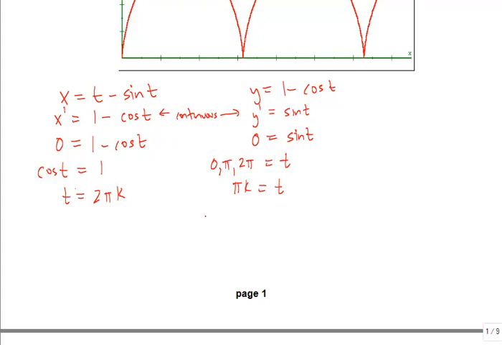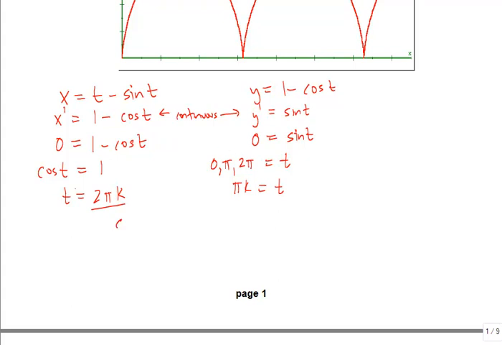So what we want to make sure of, if we're going to be considered smooth, is that we don't want these derivatives to be simultaneously zero. So we're looking for t's where these would overlap. In this case, we don't want the pi and the 3 pi and the 5 pi, but we do want to look at the 0 and the 2 pi and the 4 pi, etc. So the 2 pi k represents a way of generalizing all those even multiples of pi which would overlap, which are both solutions to these derivatives being equal to 0.